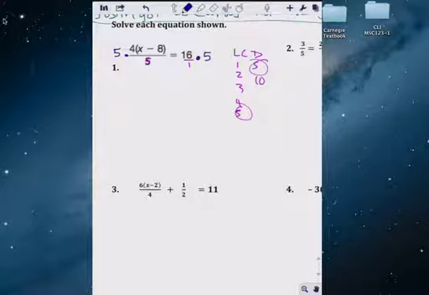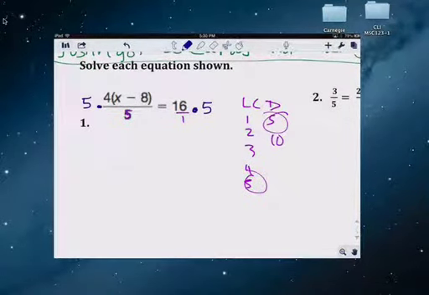Alrighty. 16 over 1 is just like 16. So 16 times 5 is 80. And this cross cancels. That gives you a 1, and 1 times 4 is just 4.